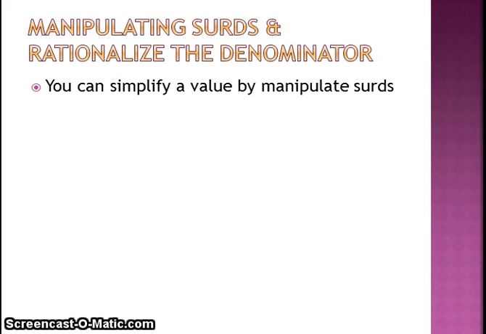You can simplify a value by manipulating surds, such as 5 times square root 6 minus 2 times square root 24 plus square root of 294. We have the square root 6, square root 24, and square root 294. How do we simplify it?